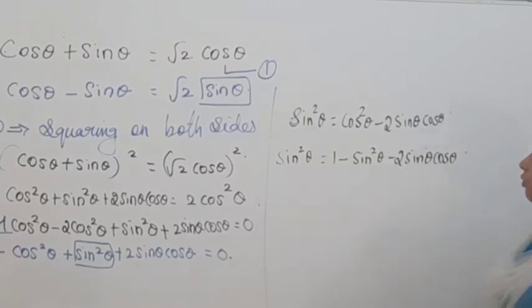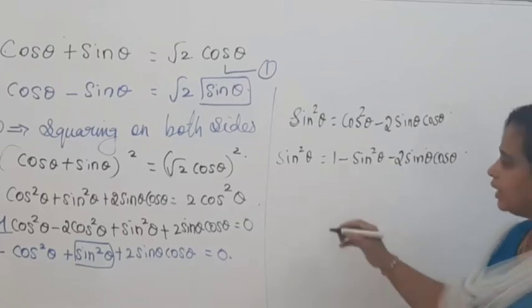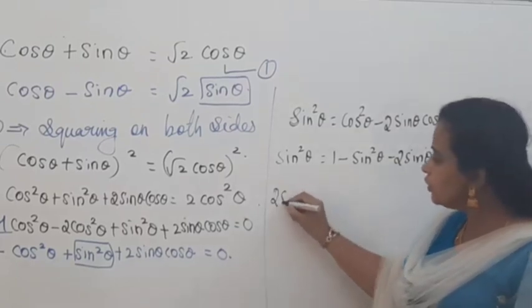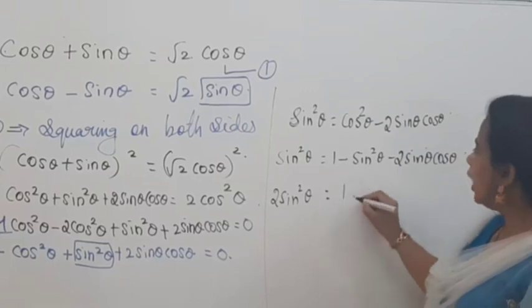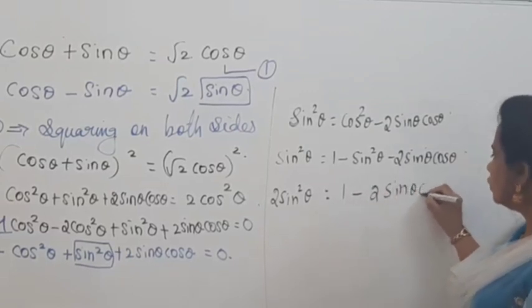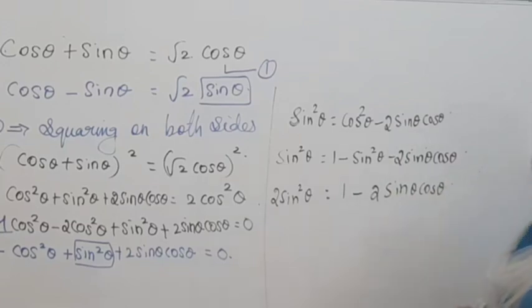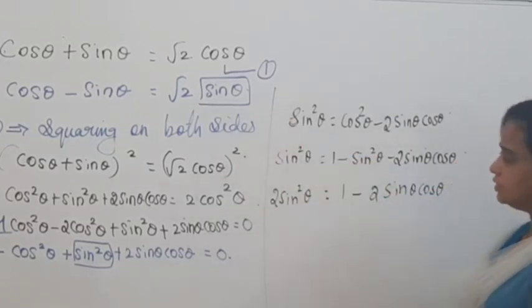So now I will have my another substitution, sin square theta goes to the other side, it becomes 2 sin square theta, which is equal to 1 minus 2 sin theta cos theta. Hope you get that point, minus sin square theta. Now I get my 2 sin square theta.